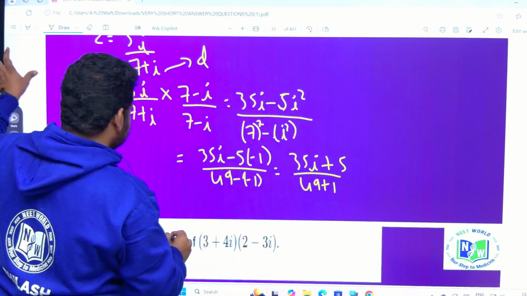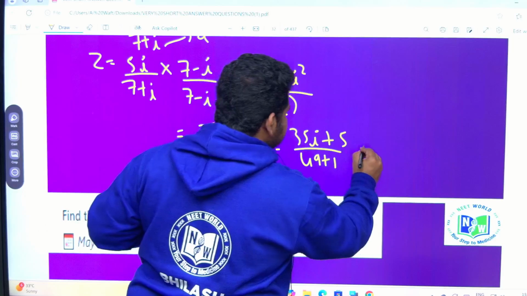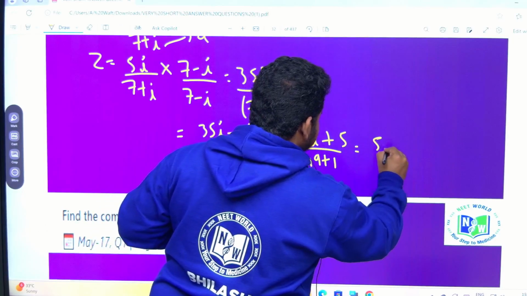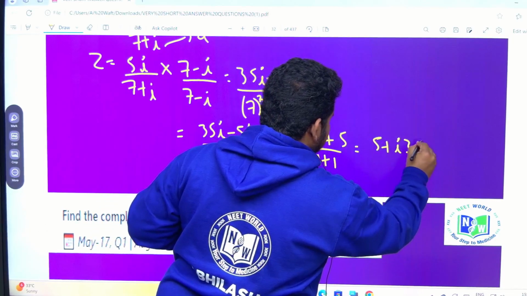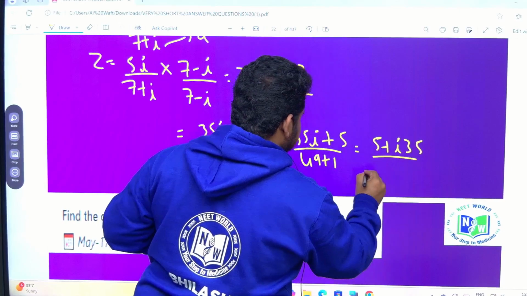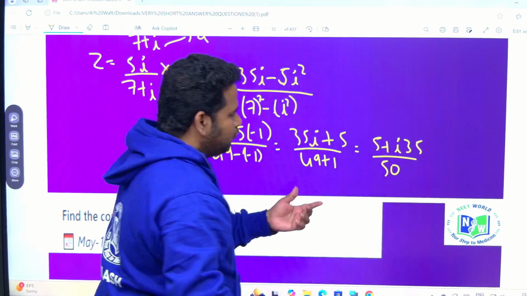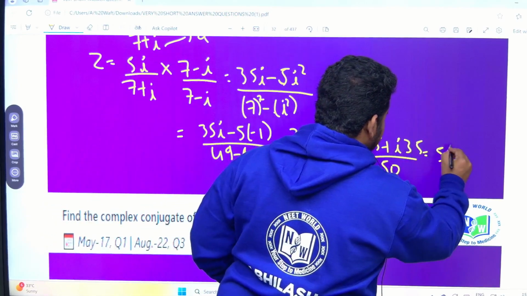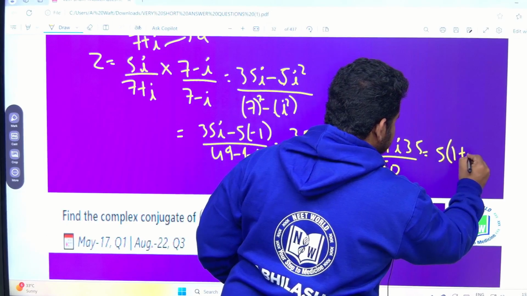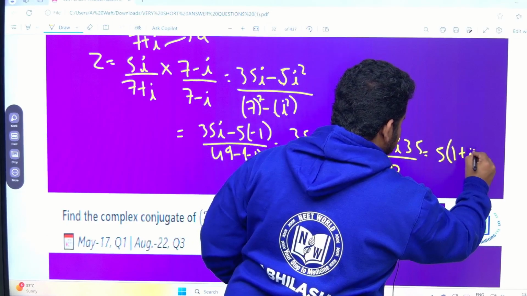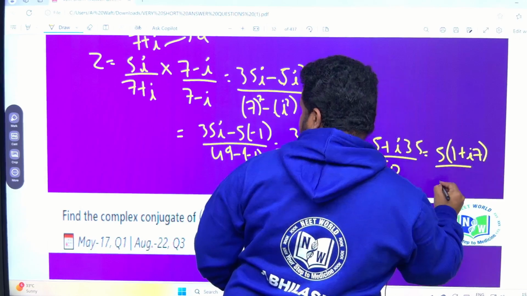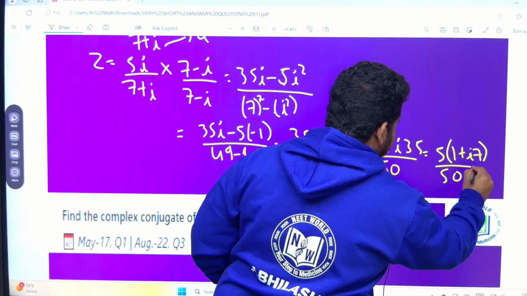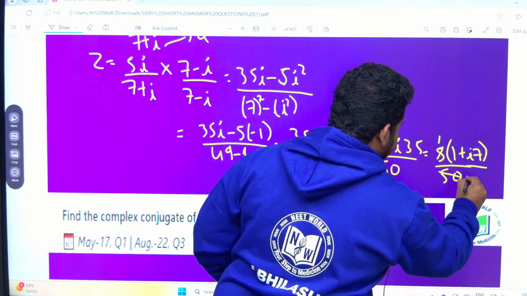So this will become, friends, 5 plus i into 35. I have rearranged it. 49 plus 1 is 50. So here I can take 5 common. This will become 5 into 1 plus i into 7, divided by 50. 5 ones are 5, 5 tens are 50.